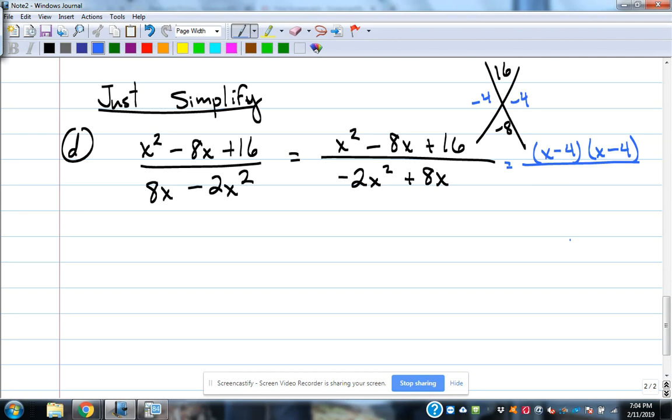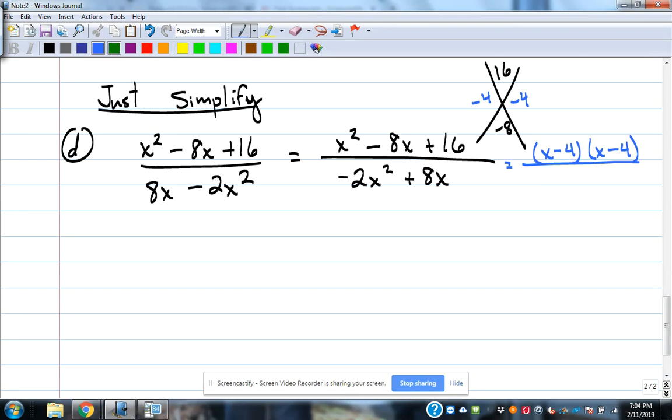And then on the bottom, how are we going to factor that? It's not a difference of squares. Common factor would be 2 and 4. What else do they both have? X's.